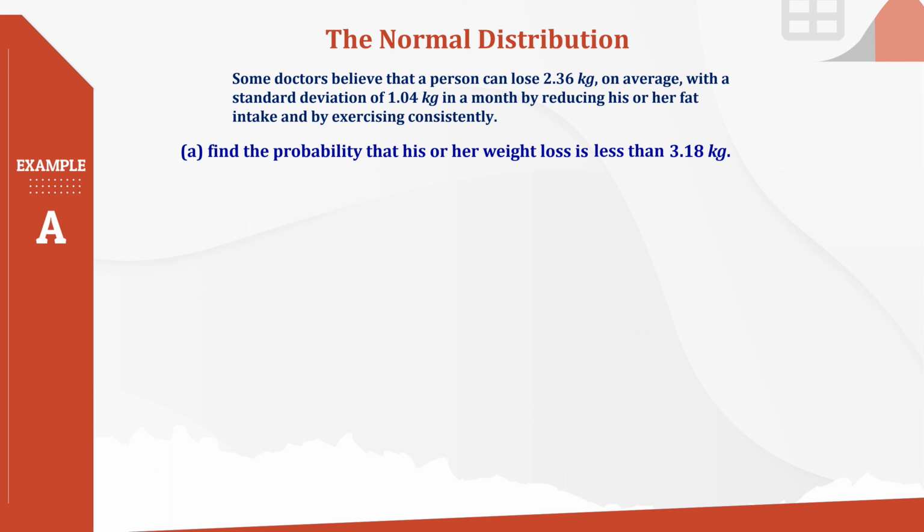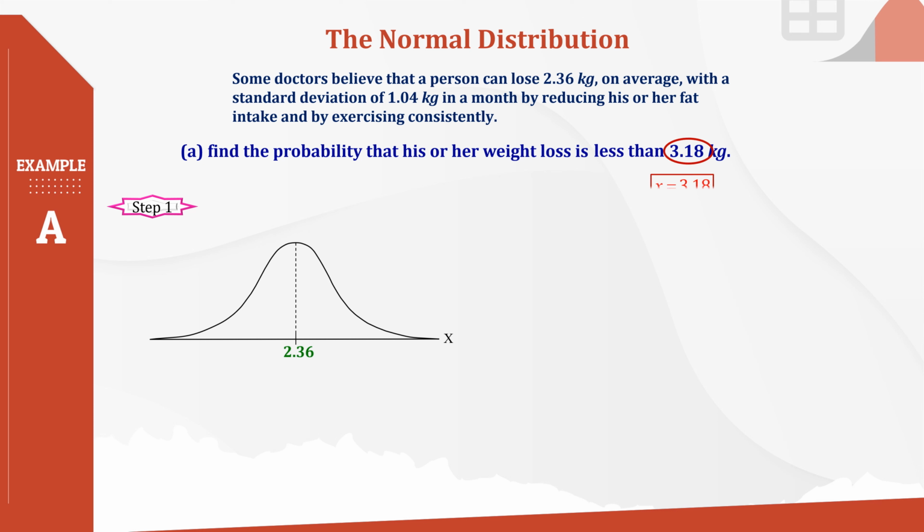Question A. First of all, draw a normal curve and place mu of 2.36 at the center. Next, place the given x value 3.18. We mark it on the right side of the mean of 2.36, since it is larger than that.